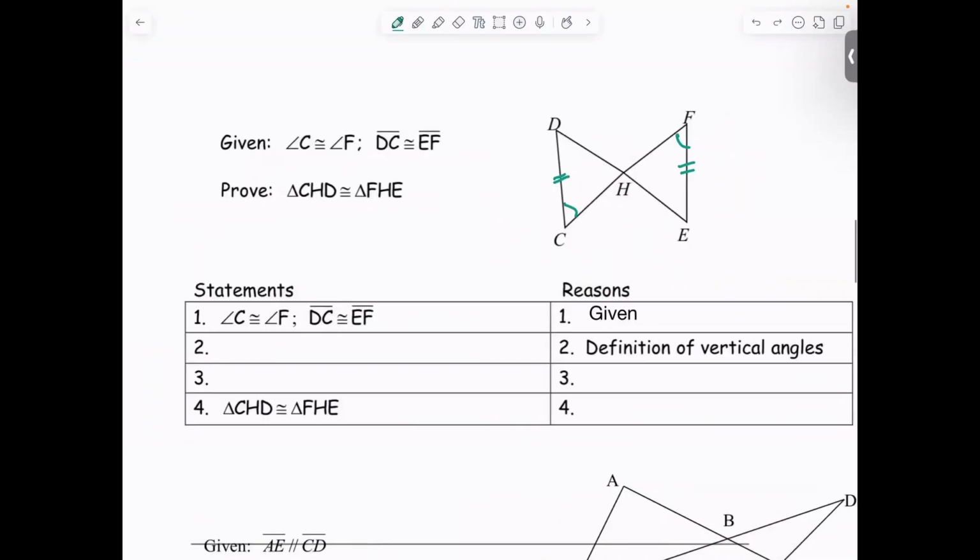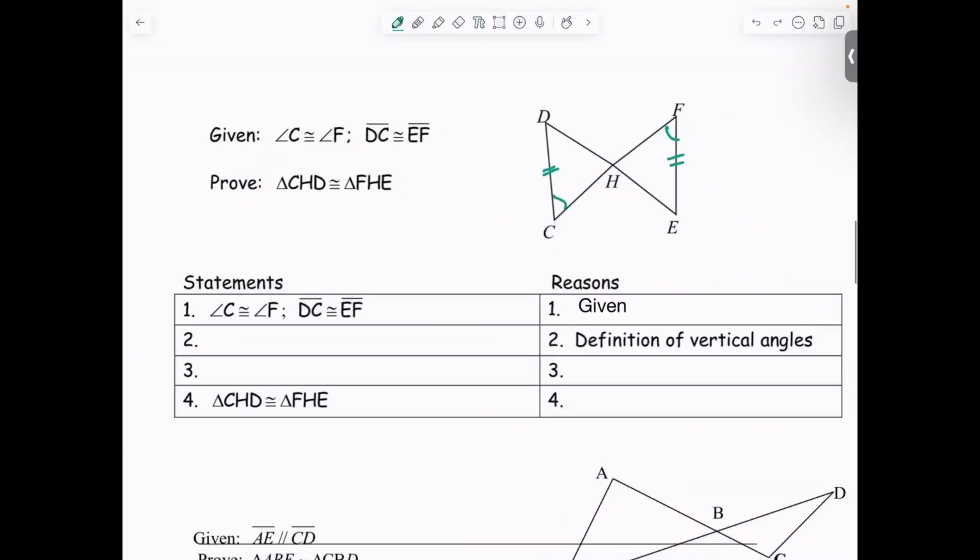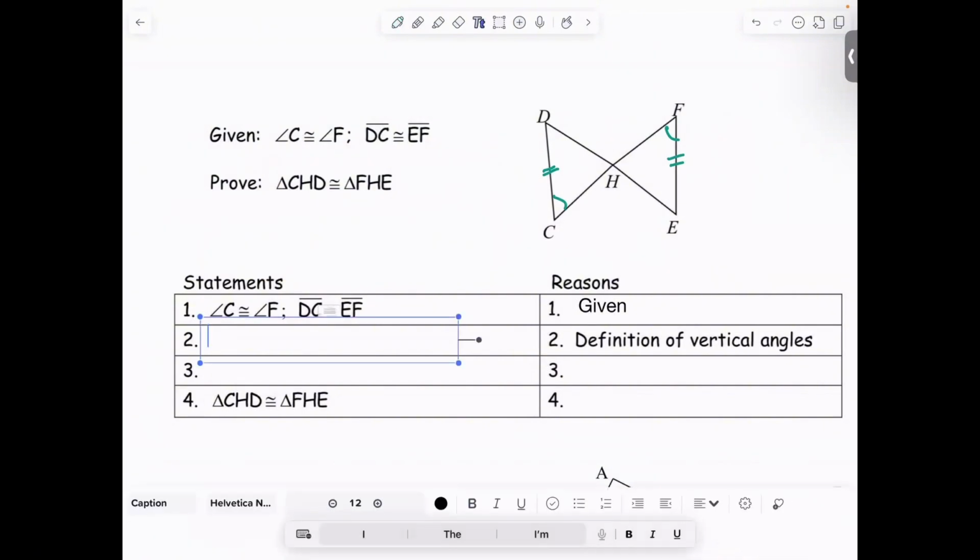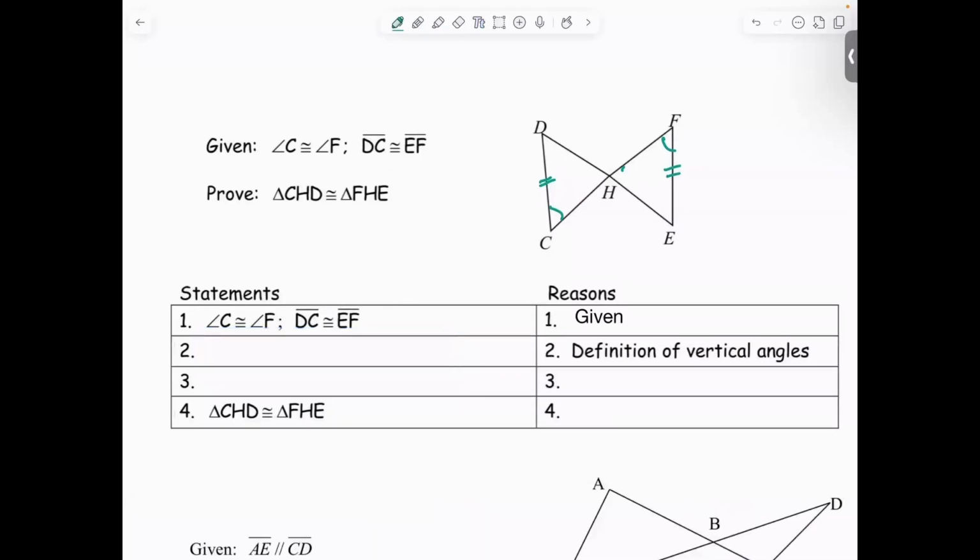And if we go back, it's going to center this a bit. Okay, so definition of vertical angles is the reason for number 2. So I'm going to immediately say that angle, we know we're talking about this set of angles right here. Okay, so I use 2 lines to indicate DHC and FHE as angles are congruent, and they are vertical, right? And we'll get to that in a moment.